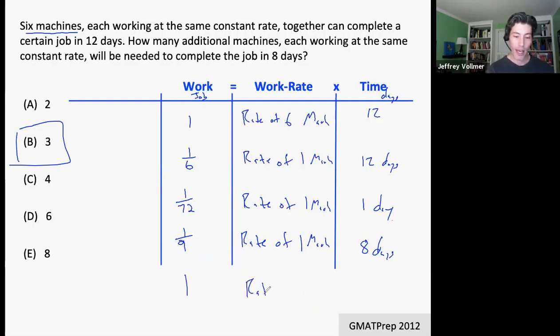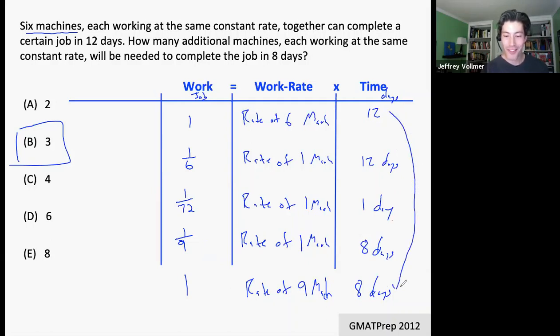So that would be at the rate of 9 machines for 8 days. Again, this is the step-by-step breakdown, but it's a lot easier to see that if you use a 2/3 factor here from 12 to 8, you're going to use a 3/2 factor here to go from 6 to 9 and increase the number of machines by 3 in doing so.